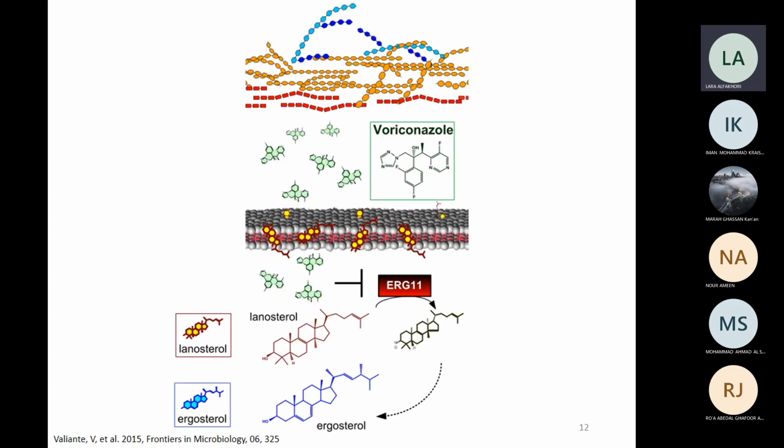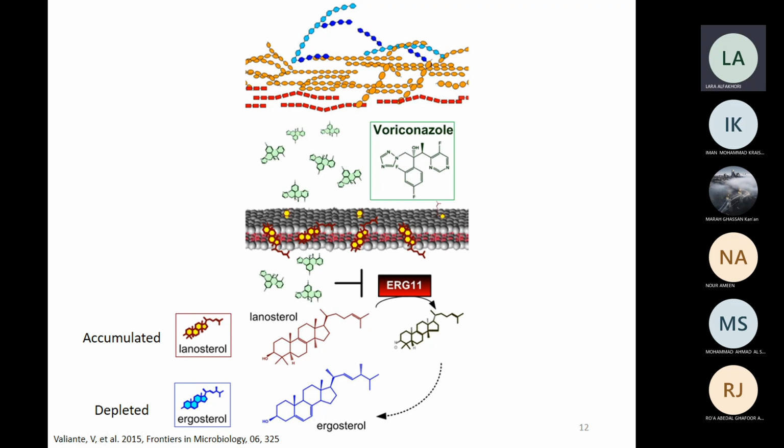But what they found out is that the toxicity coming from the azoles is not only because the ergosterol is depleted, but also because when lanosterol is not converted to ergosterol, what will happen? Accumulation.